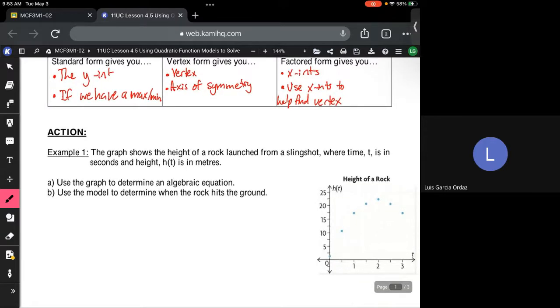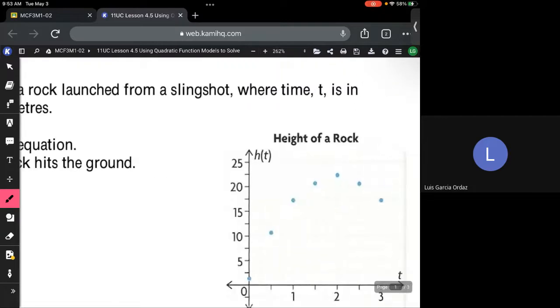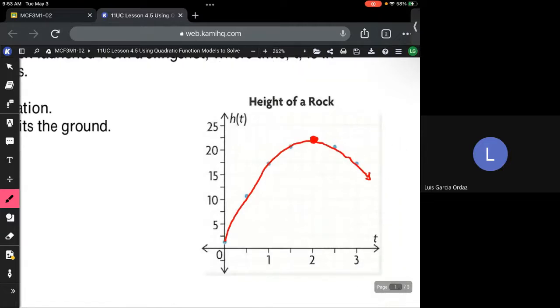What is the easiest thing we can identify in this parabola model? Vertex. What would my vertex be? Yep, and the axis of symmetry. We'll say 2 and 23.